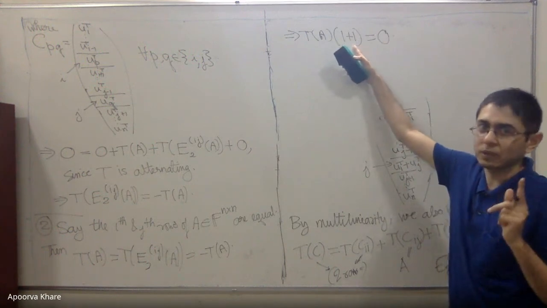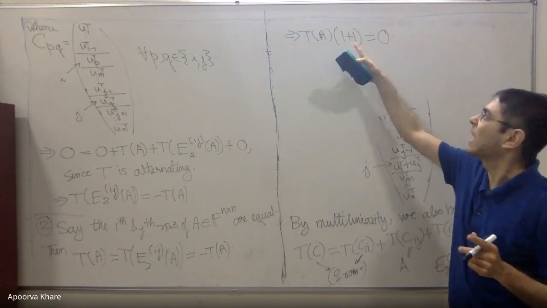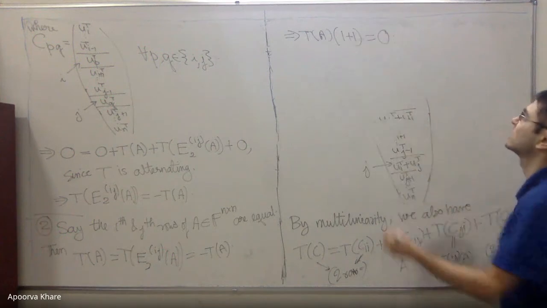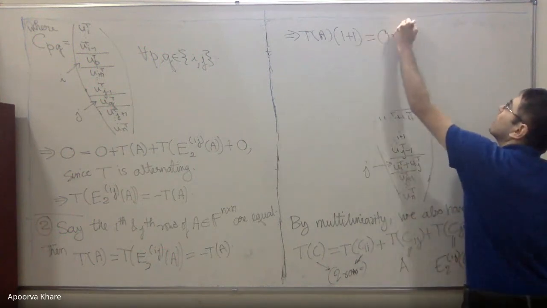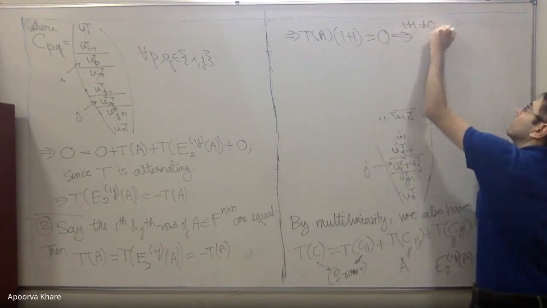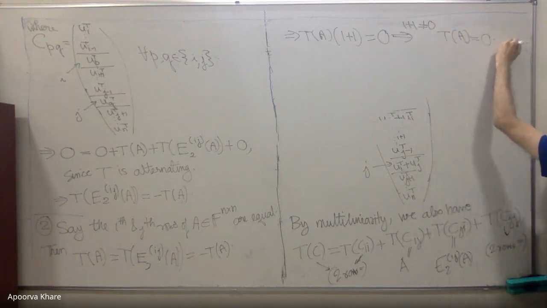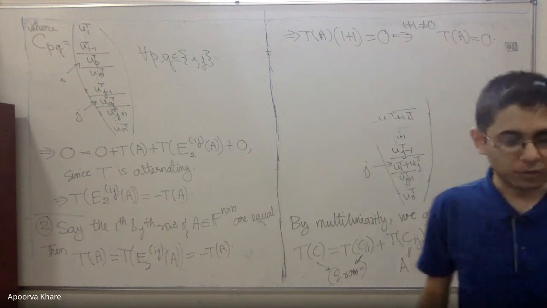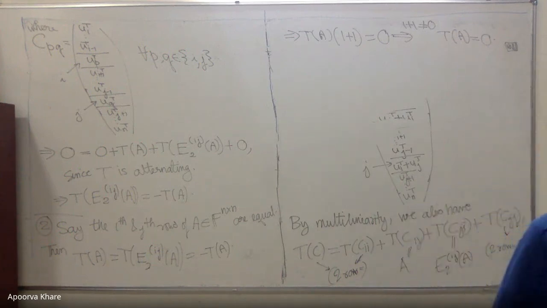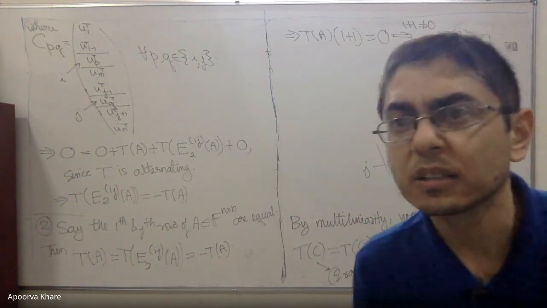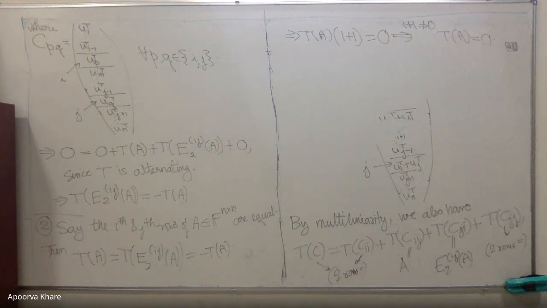Every non-zero element of a field has a multiplicative inverse. I multiply by that inverse on both sides. So that's how you prove that T of A is 0. Okay, great. Perfect. Very interesting.